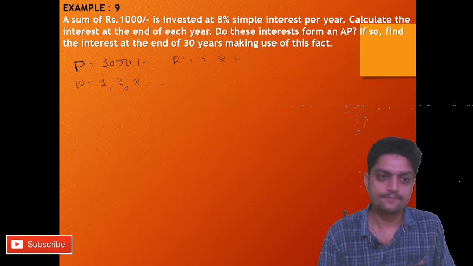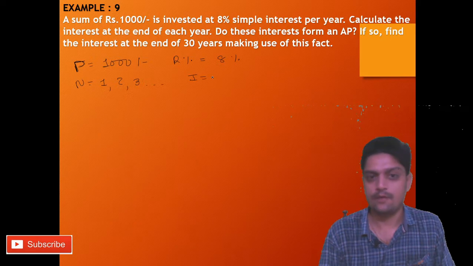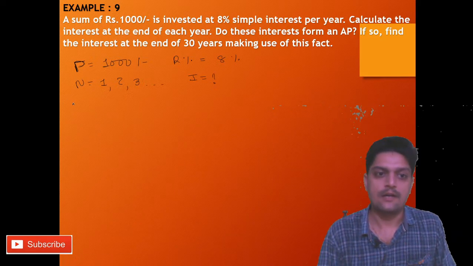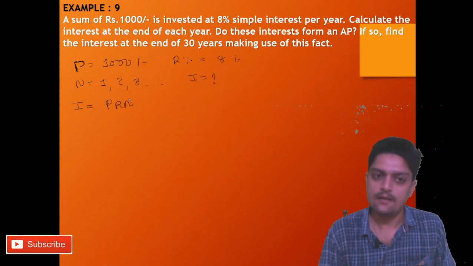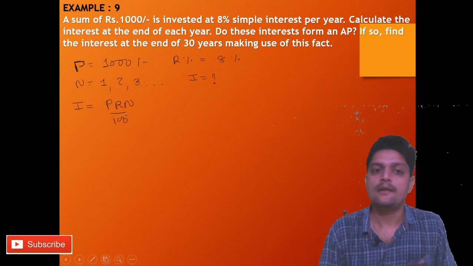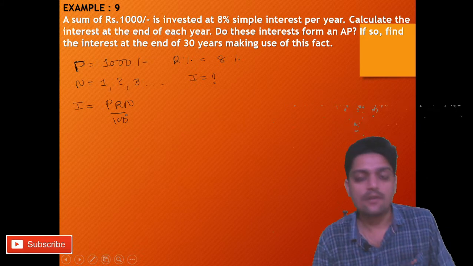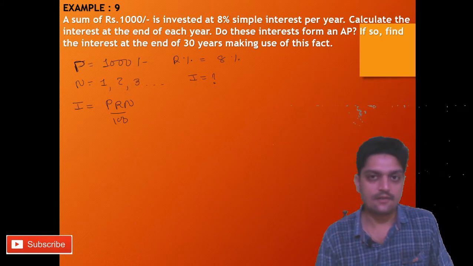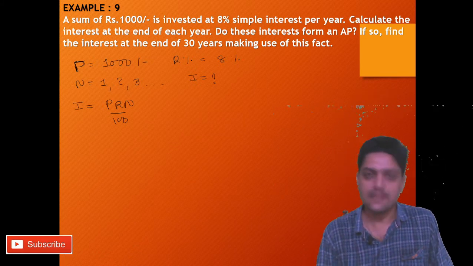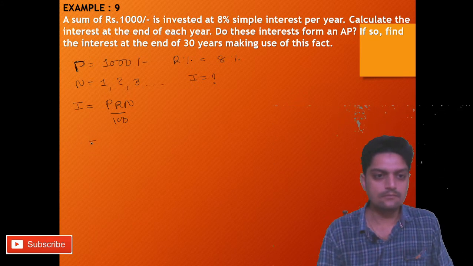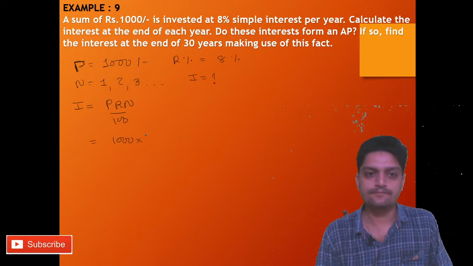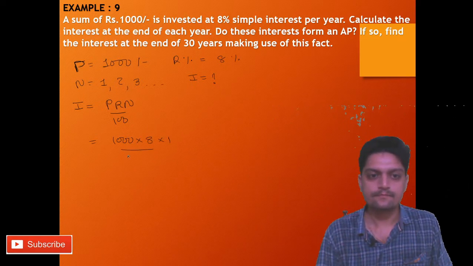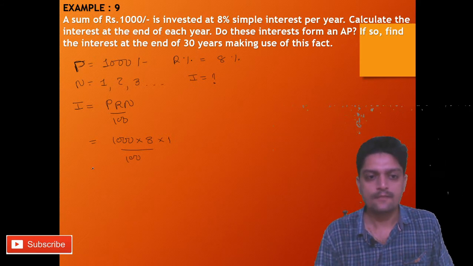So now we have to find I. Let me write I is equal to PRN upon 100. See, this formula I have already learned in 8th standard, so I will not go that deep.